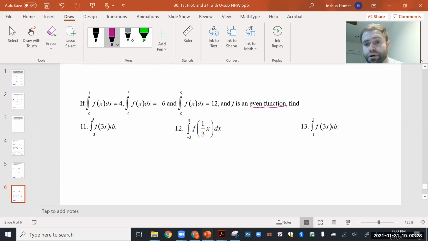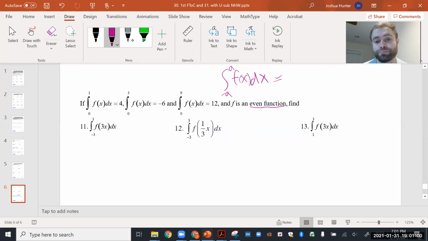And a nice attribute of even functions is that they're symmetric across the y-axis, which is going to mean that for an even function, if you're taking the integral from negative a to positive a of f of x dx, since it's symmetric across the y-axis, that will end up meaning the exact same amount of area is on either side of the y-axis.